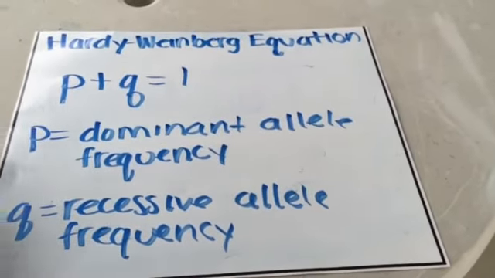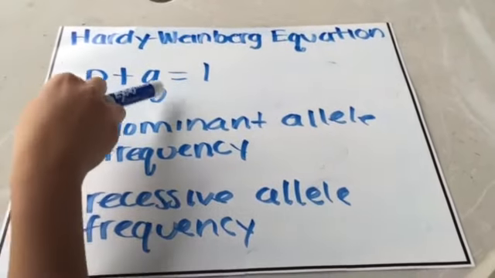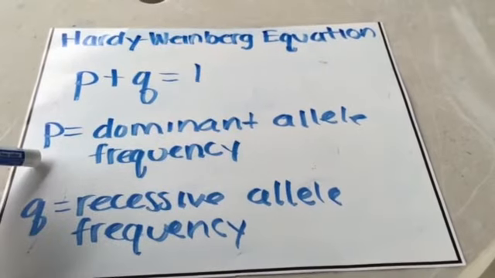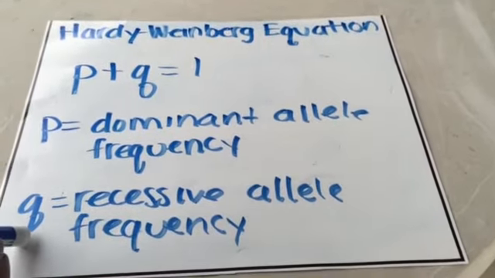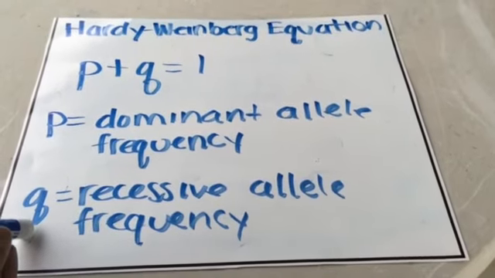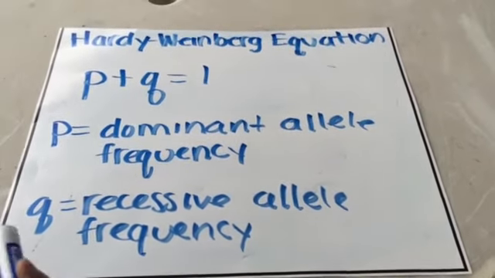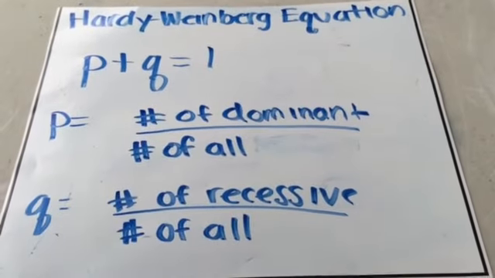The first one is P plus Q equals 1, where P is the dominant allele frequency and Q is the recessive allele frequency. This equation is the most basic of both of them.